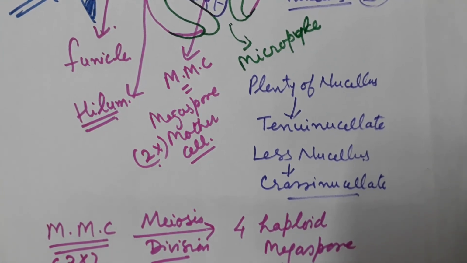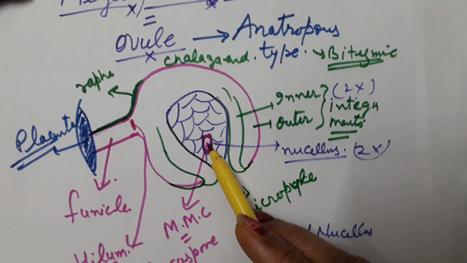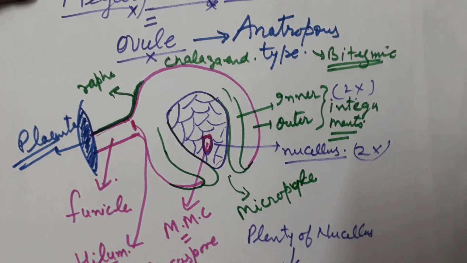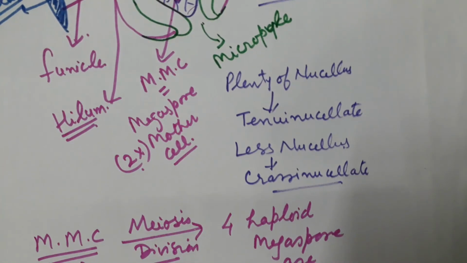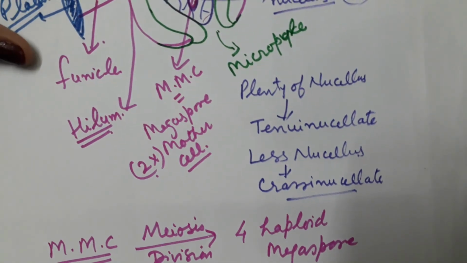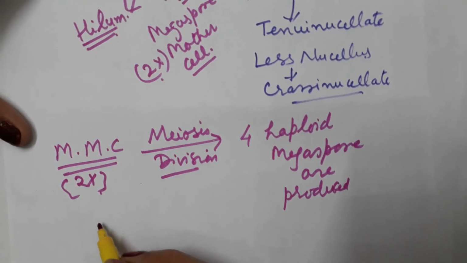What we observe here is that this megaspore mother cell, which differentiates from the rest of the cells of the nucellus, is present at the micropylar end, and undergoes meiosis division and produces 4 haploid megaspores. The formation of megaspores from the megaspore mother cell is known as megasporogenesis.